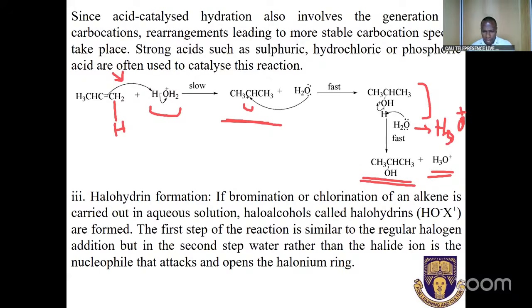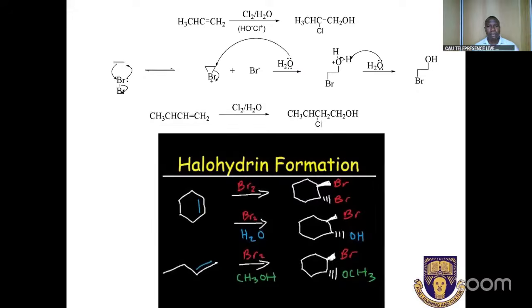Typically in this kind of reaction, I'll go to the next slide to really illustrate what I'm saying. You have, for instance, in this case, propene reacting with chlorine in water. So the chlorine in water generates HO minus and Cl plus. Now, the important thing here is to know that if it is bromine or chlorine, the halogen will generate the positively charged species.